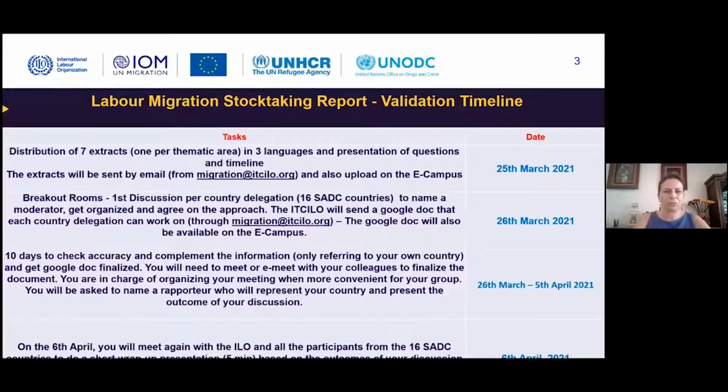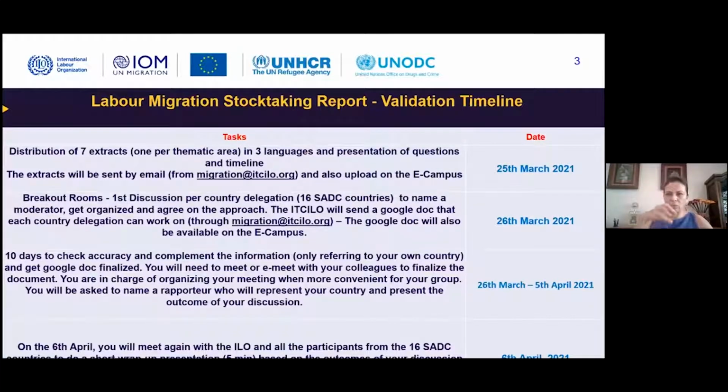The 7 extracts will be distributed in the 3 languages, and I'm going to be presenting today the questions and timeline. This is the timeline of the exercise. The extracts will be sent by email to the address that you see here, and will also be uploaded on the eCampus.